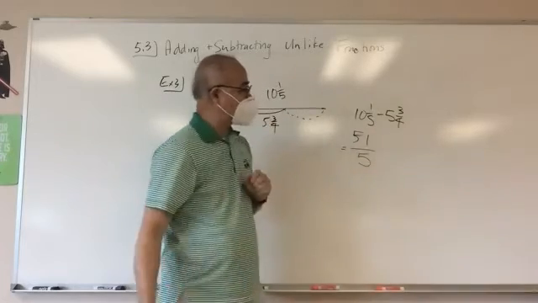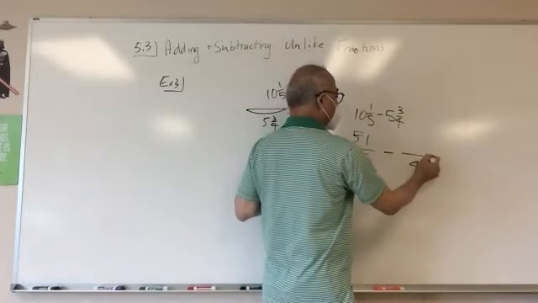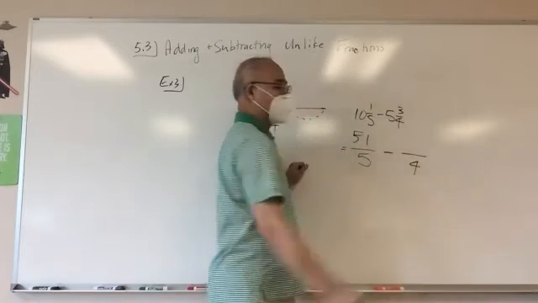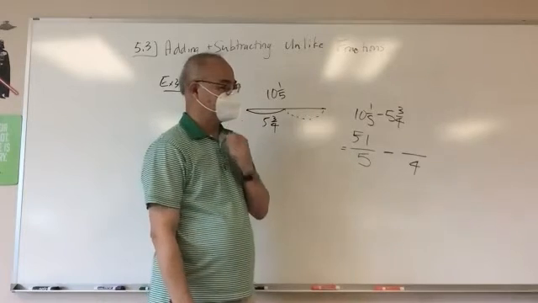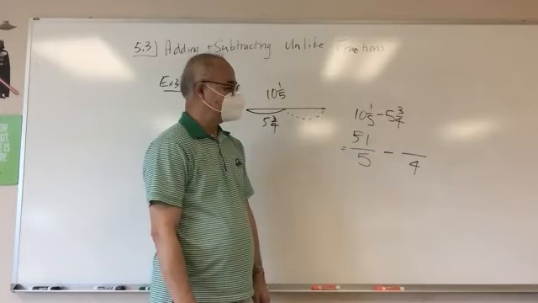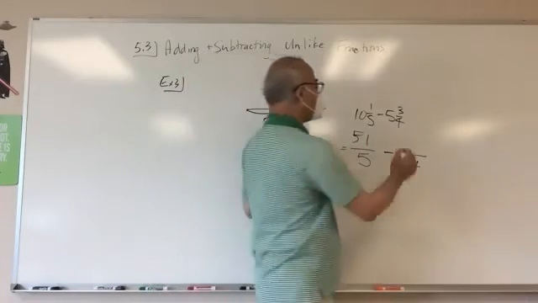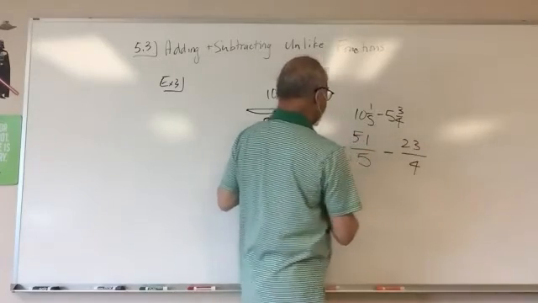Yes. Okay. So over here, let's go ahead and do the same thing, right? So 4, what do I get here? 23 over 4. 23. Okay, so what's the next step?